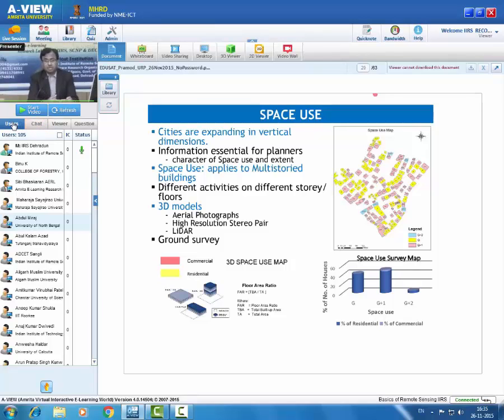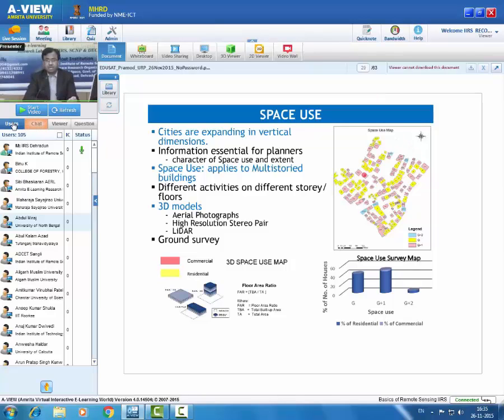Remote sensing has the benefit that, using either automated or manual methods, one can understand the 3D geometry of the buildings. Based on the 3D geometry of the buildings, and also the 2D mapping, together this helps us understand the space use. Now, with high-resolution satellite data, this example shows the building footprints.